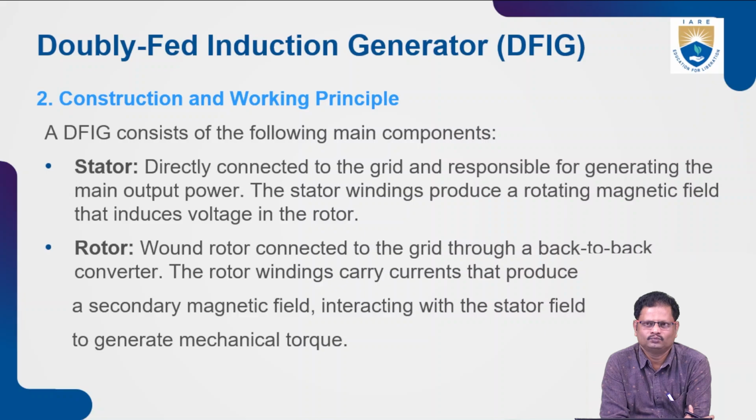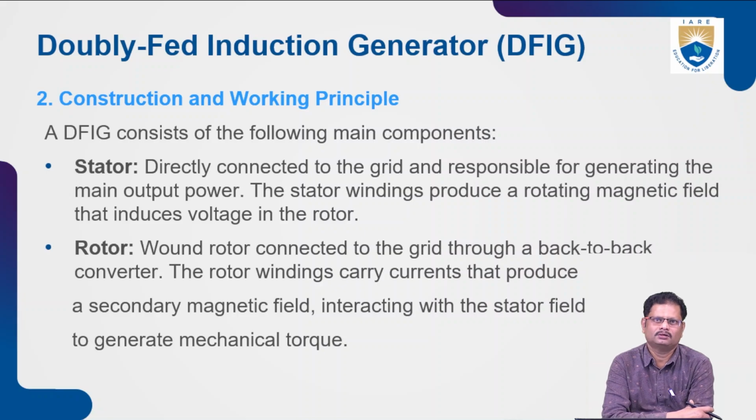Unlike alternators, we give a three-phase AC supply to the stator winding and a supply to the rotor winding, which is used to produce the magnetic flux or magnetic field. So it is somewhat different from the conventional generator. Now we will see the construction and working principle.